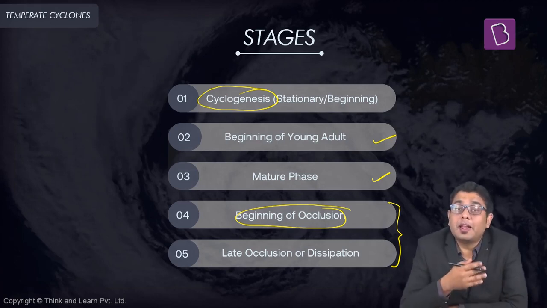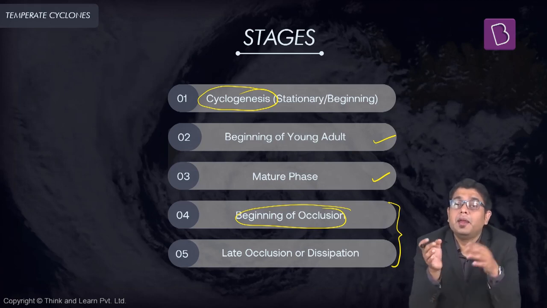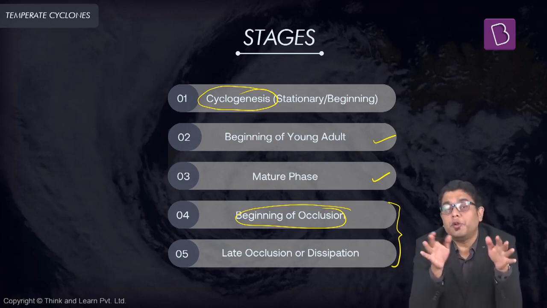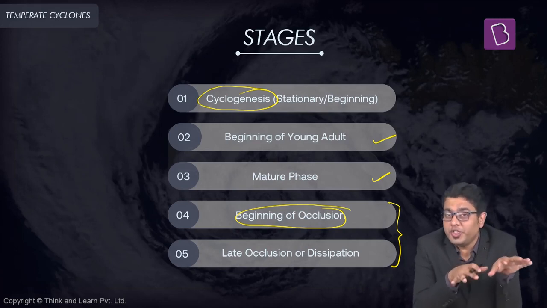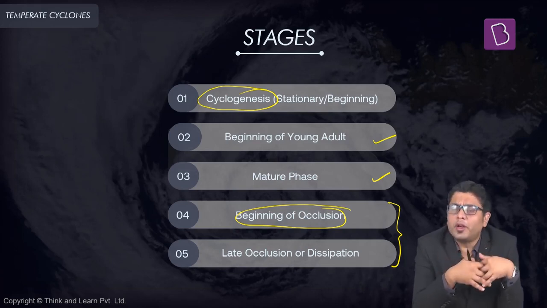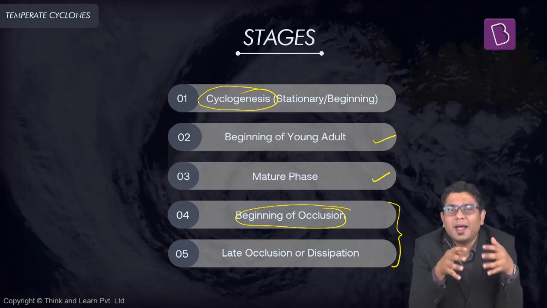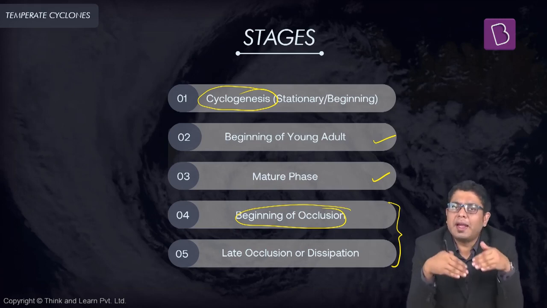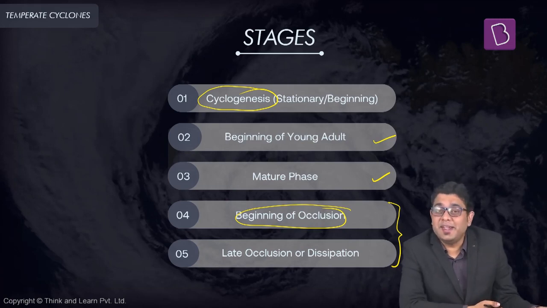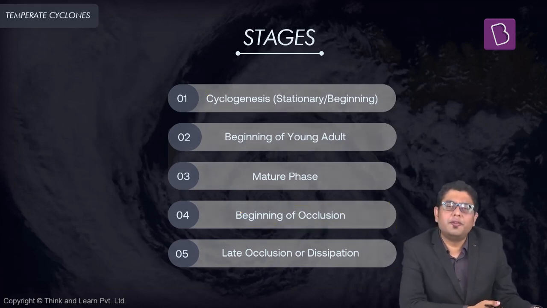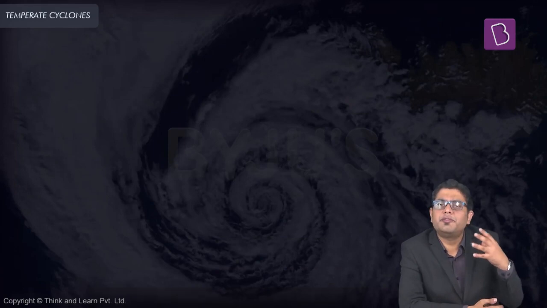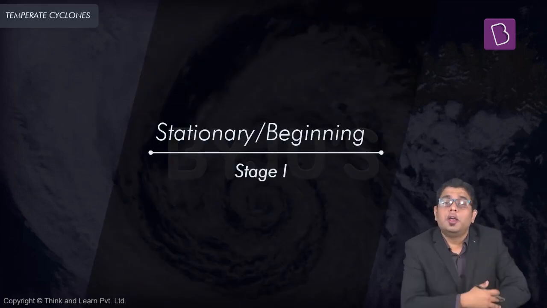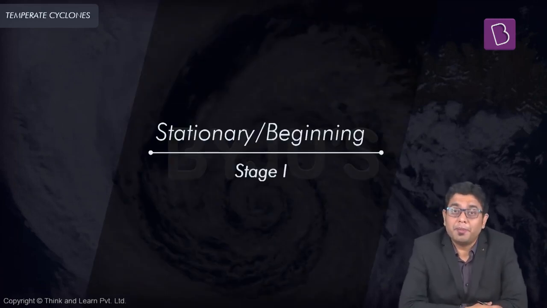When the cyclone dies, that is also accompanied by the refurbishment of the fronts in its initial position and also what is referred to as cyclolysis or the death of a cyclone. Now, let us look at each one of these stages in detail and let us understand the formation of these different stages and overall the formation of the temperate cyclone.